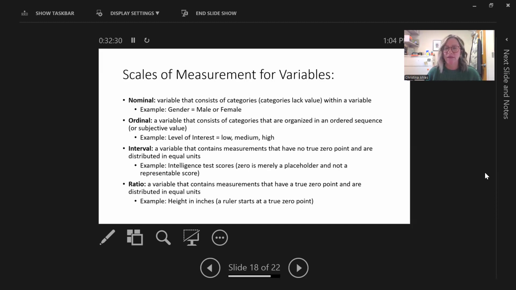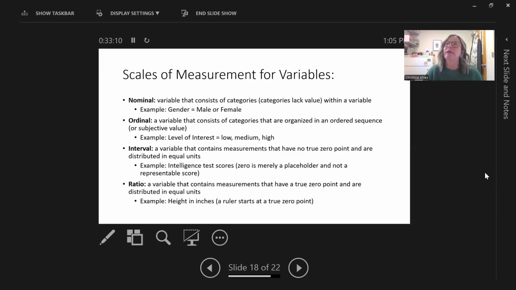So, for example, on the Stanford-Binet Intelligence Test, zero is a placeholder, but you can't score zero. It's not even part of the measurement. Because it's not even part of the measurement, zero is meaningless. It's a meaningless placeholder. So it's interval data. If you have 100 IQ versus 110 IQ, that's a 10-point difference. There is a quantitative difference, but there's no zero.